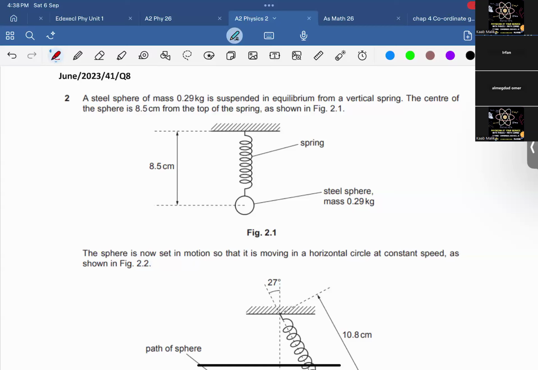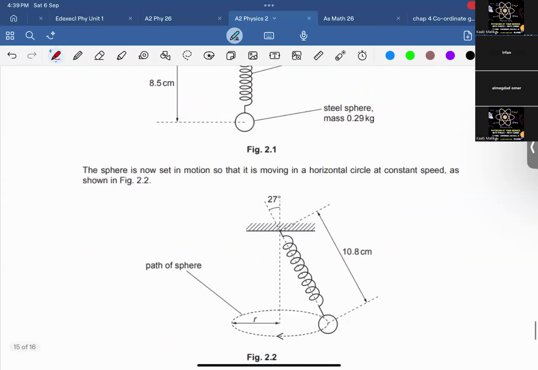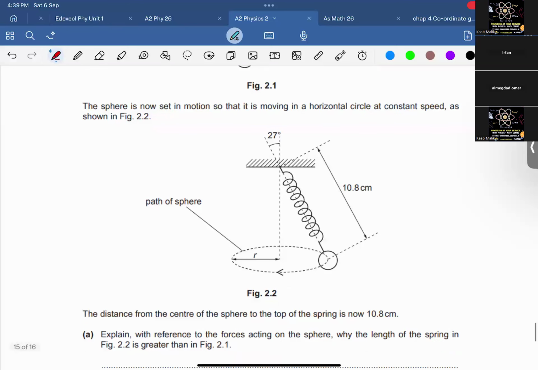The center of the sphere is 8.5 centimeters from the top of the spring as shown in figure 2.1. The sphere is now set in motion so that it is moving in a horizontal circle at constant speed, as shown in figure 2.2. Constant speed, fine. Move on.